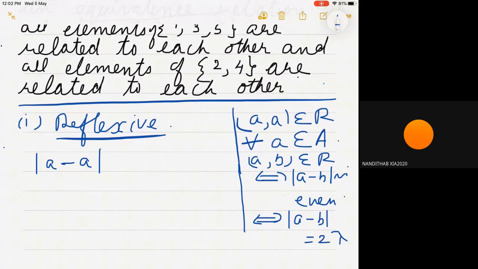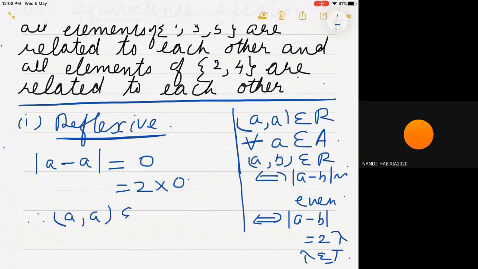Even means it can be a multiple of 2, an integer. So here you are getting it as 0, or it is 2 into 0. Therefore, (a, a) is an element of R for every a in the mother set A.